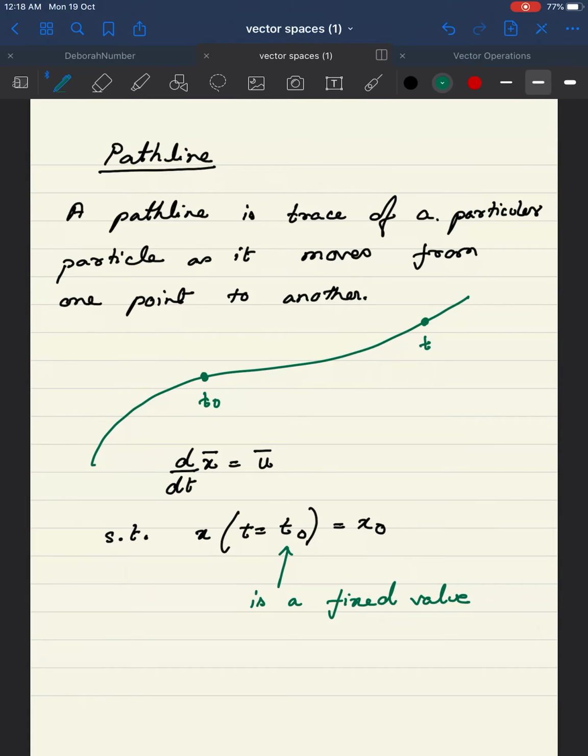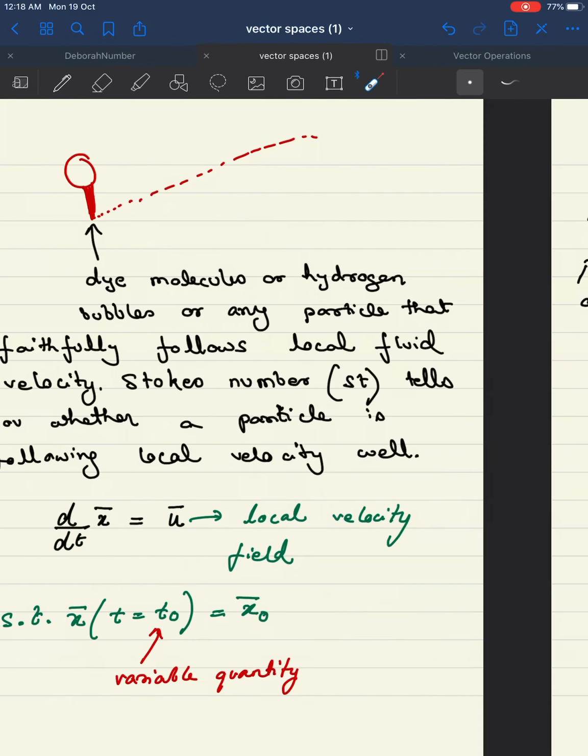So now your variable actually is the time t itself, right? So if you solve this particular equation subject to this condition, you will get a set of parametric equations in time. Okay, so that's the simple difference between path line and streamline.